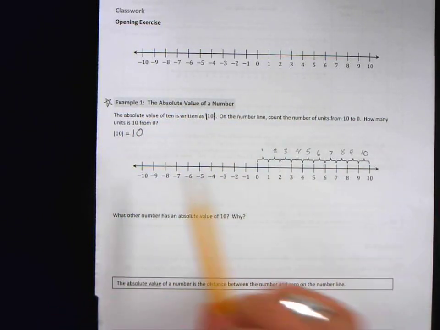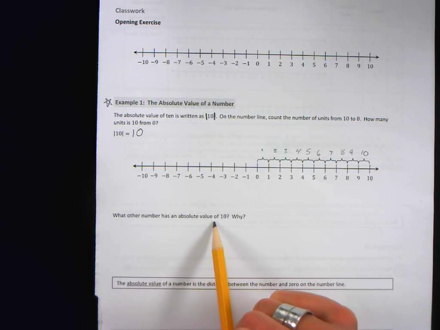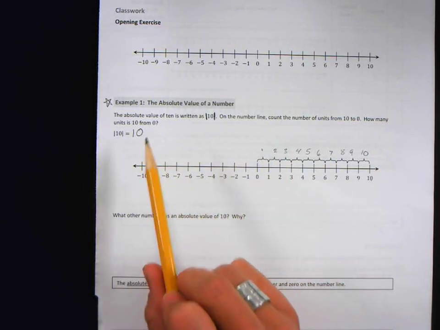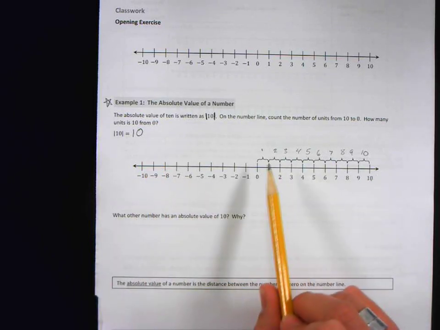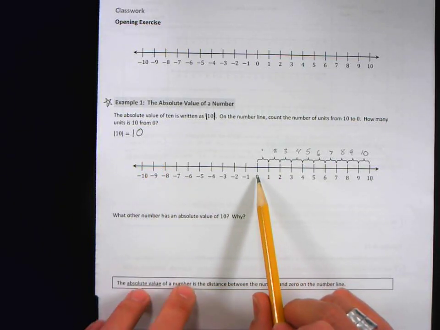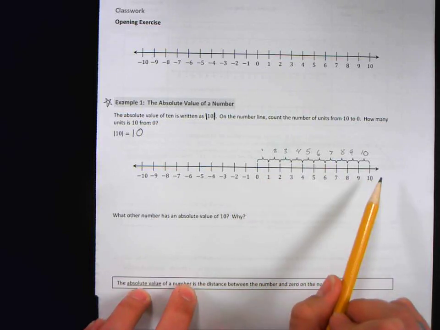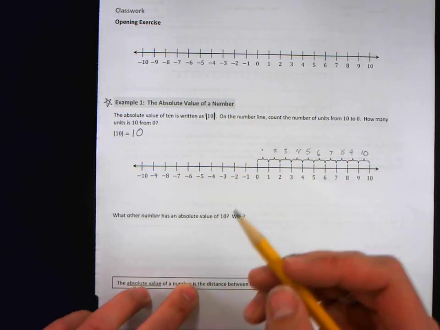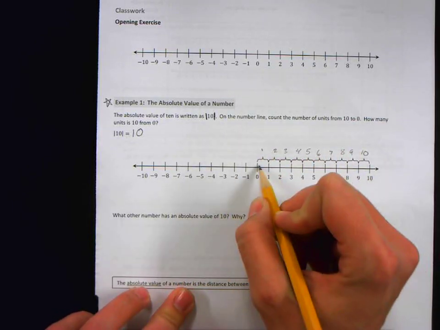It's also asking what other number has an absolute value of 10 and why. So what other number on the number line is also 10 spaces away from 0? If we go to the right, we get positive 10, but I can still go to the left. So if I go to the left 10 spaces, let's see if I can get another number. You want to start at 0.